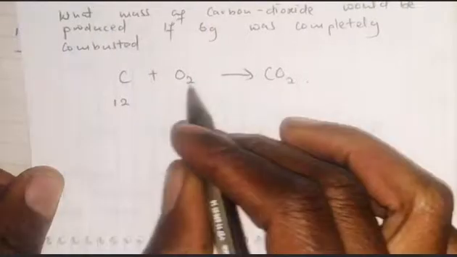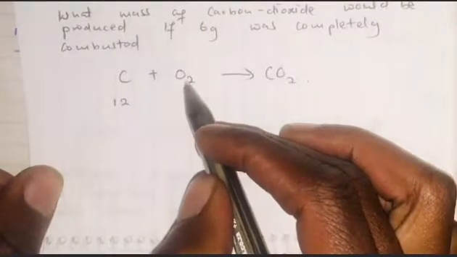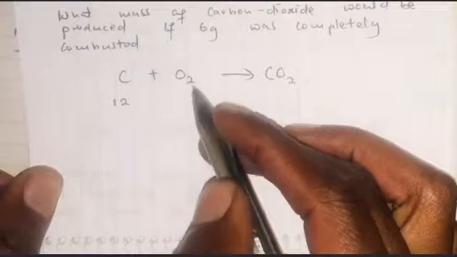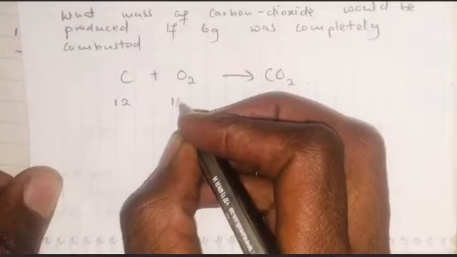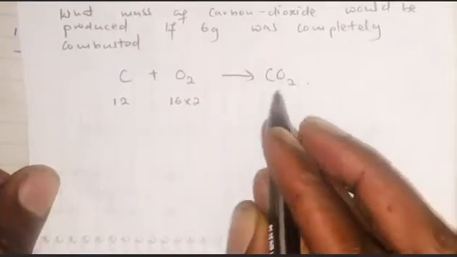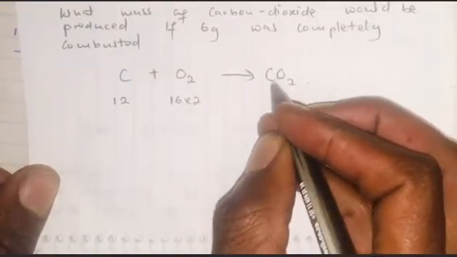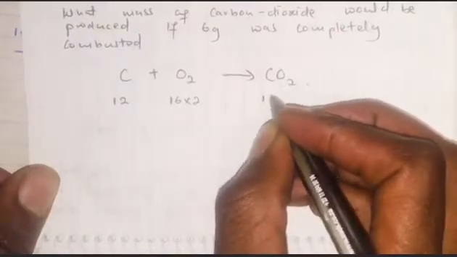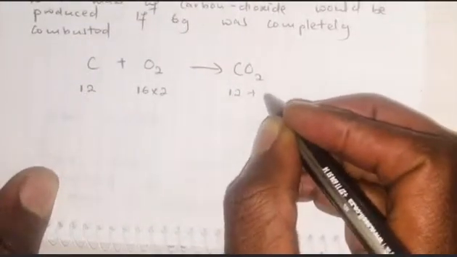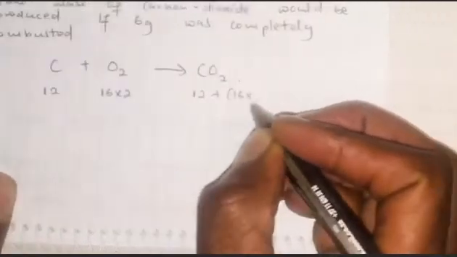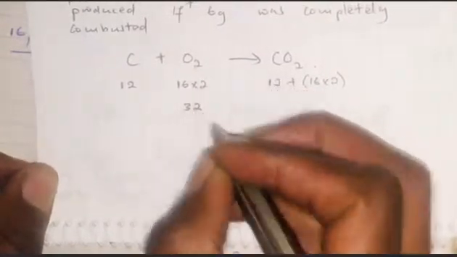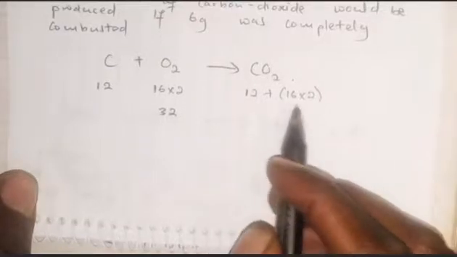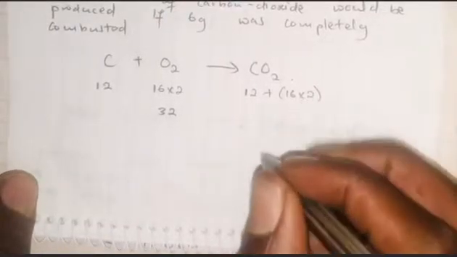Then oxygen has 16, but it's a diatomic molecule, meaning in oxygen we have 16 multiplied by 2. So we have 12 grams of carbon plus 16 multiplied by 2, which is 32, and 12 plus 32 gives us 44.